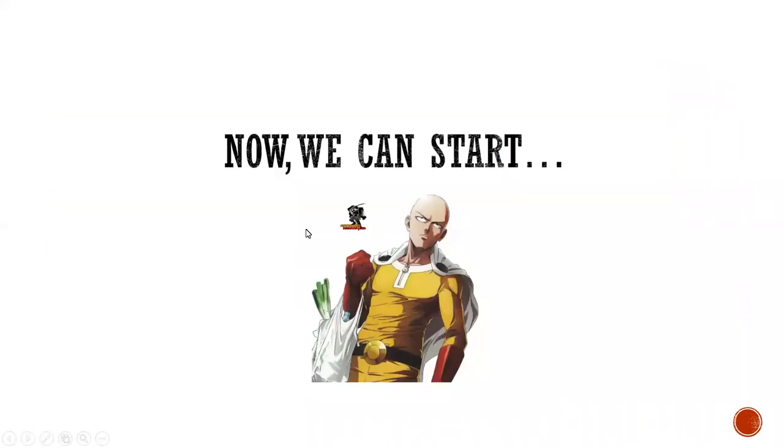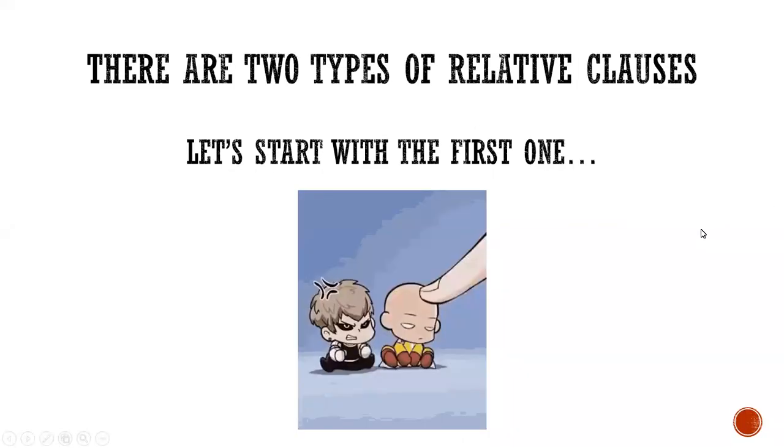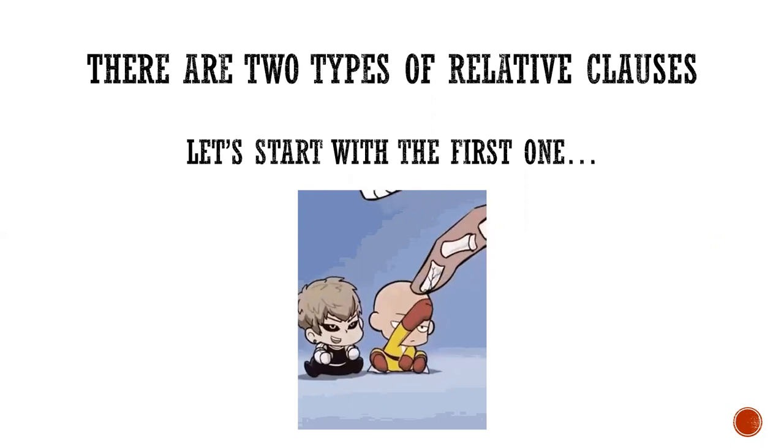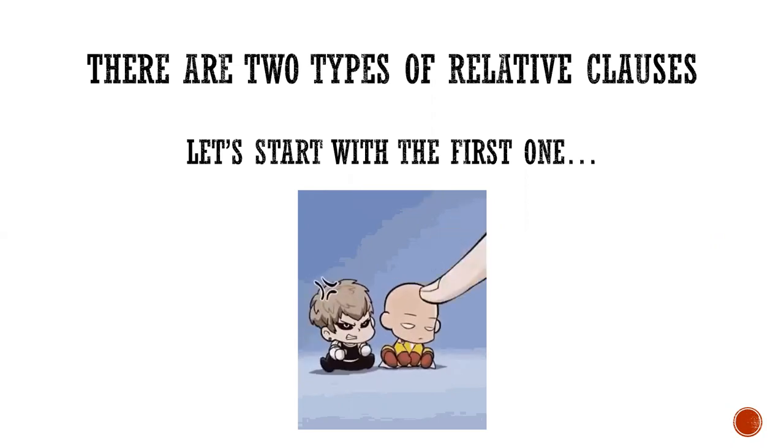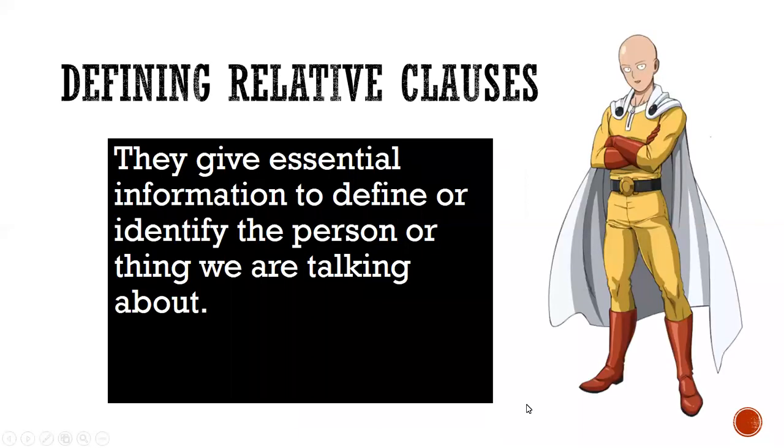Now that we got that out of the way, we can start with our topic. Like we mentioned, there are two types of relative clauses. We're going to start with the first one. This is the one that most teachers start with. This is the most basic one, and we're talking about defining relative clauses. These are the ones that give us essential information to identify the person or thing we are talking about.